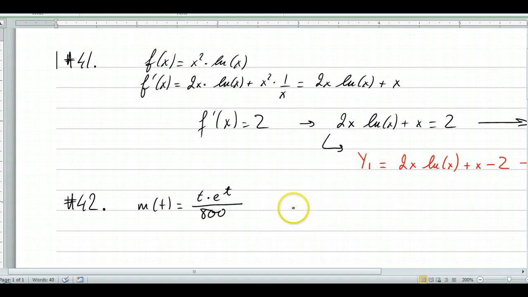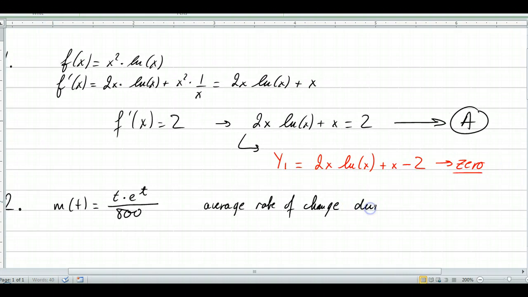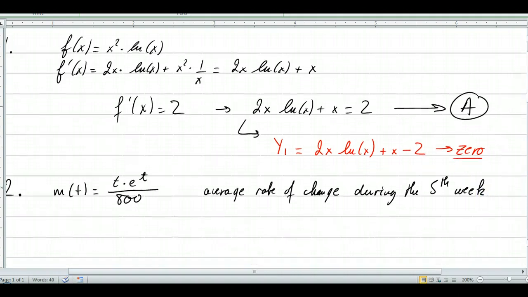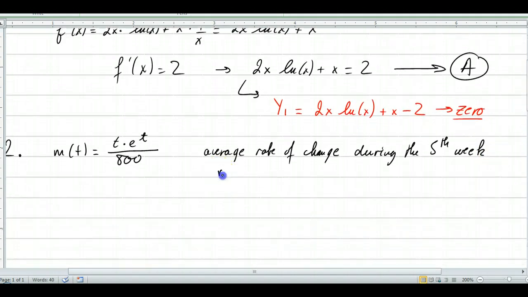What is the average rate of change in grams per week during the 5th week? Of course, what you cannot do is this, okay?